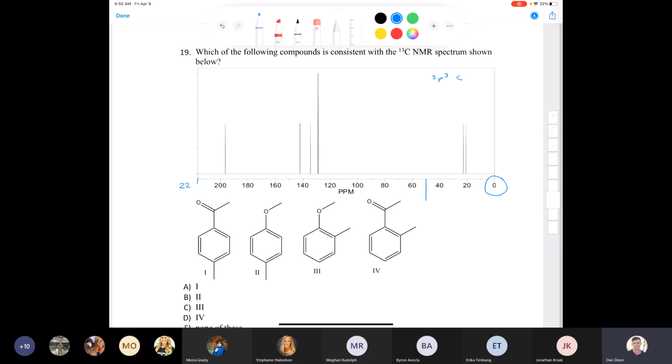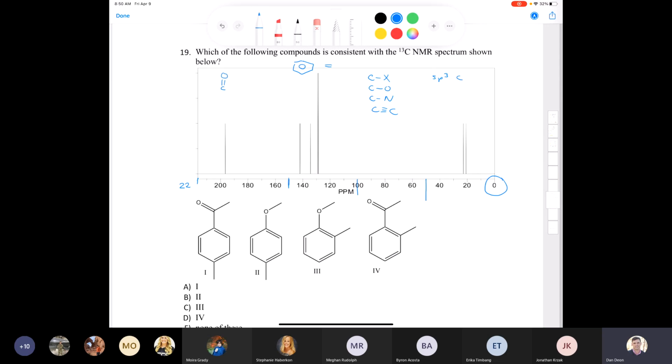The range from 50 to 100 is for carbons that are attached to halogens, oxygens, or nitrogens, or carbons that are in triple bonds. The range from 100 to 150 is for aromatic carbons or vinylic carbons. And then the top range from 150 and above is going to be for carbonyls.